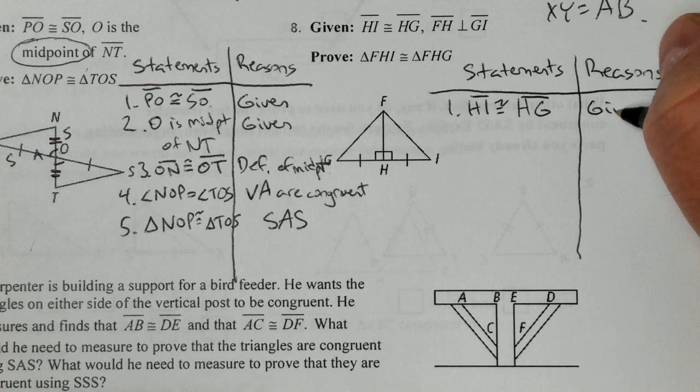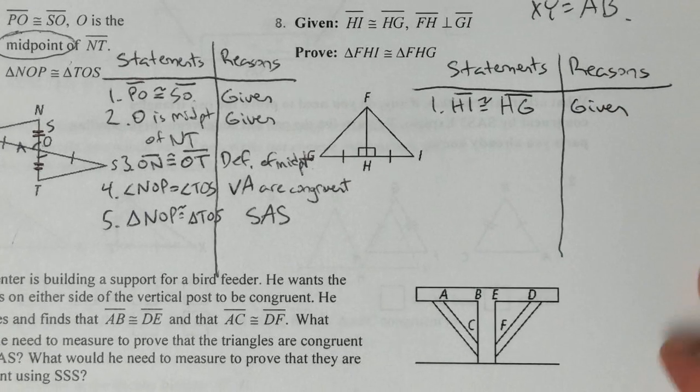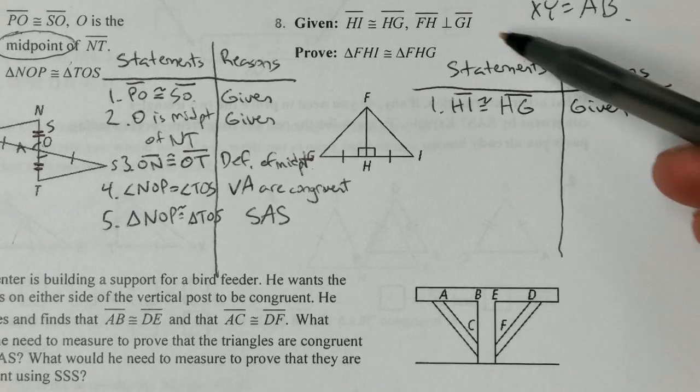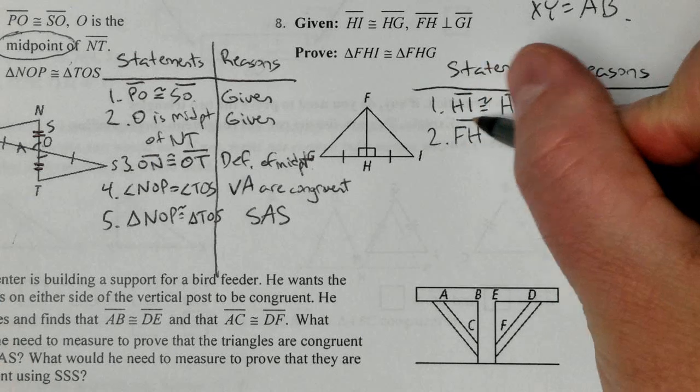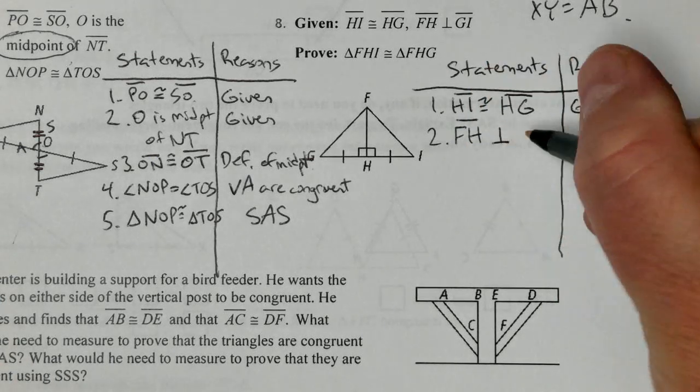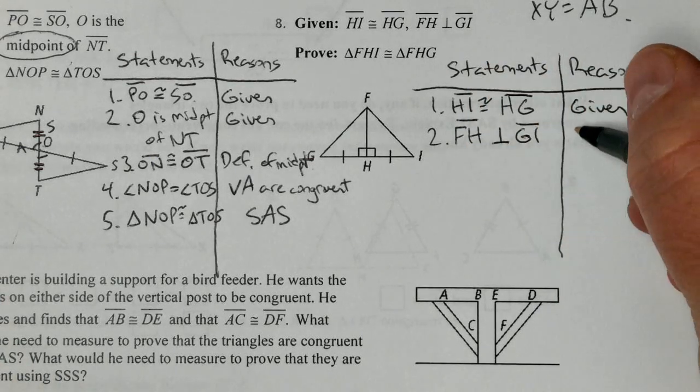It's given. The next one is about FH perpendicular to GI, which is also given.